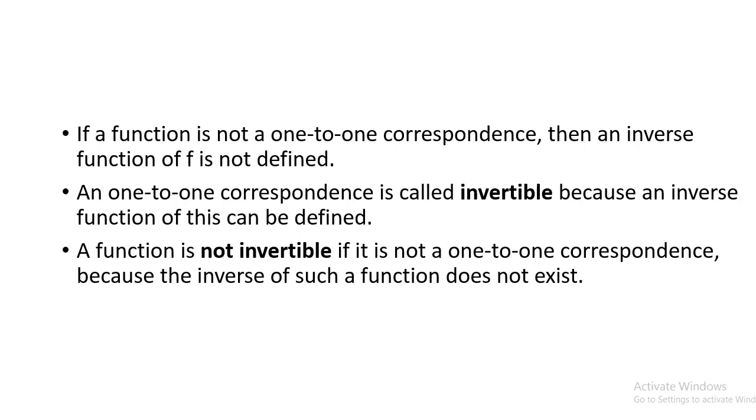A one-to-one correspondence is also called invertible because an inverse function of it can be defined. A function is not invertible if it is not a one-to-one correspondence, because the inverse of such a function does not exist.